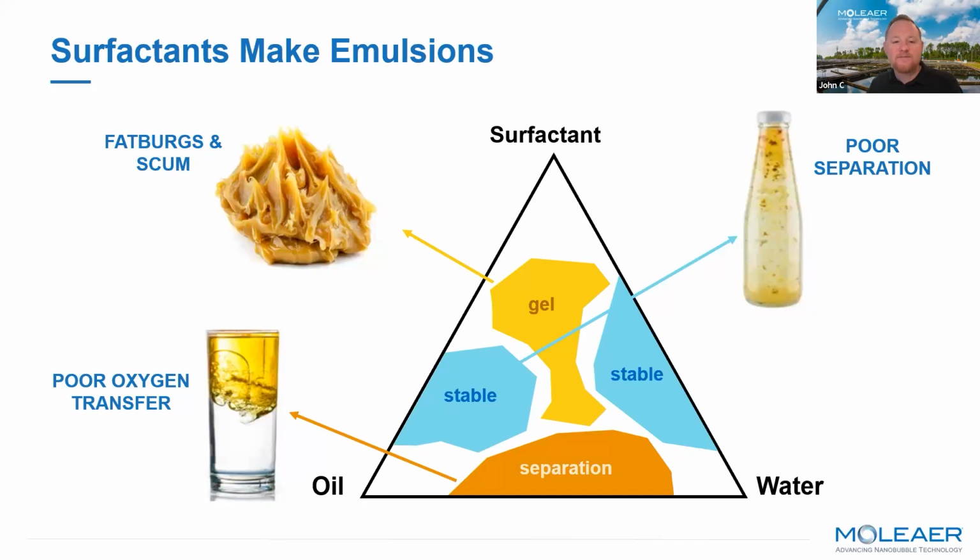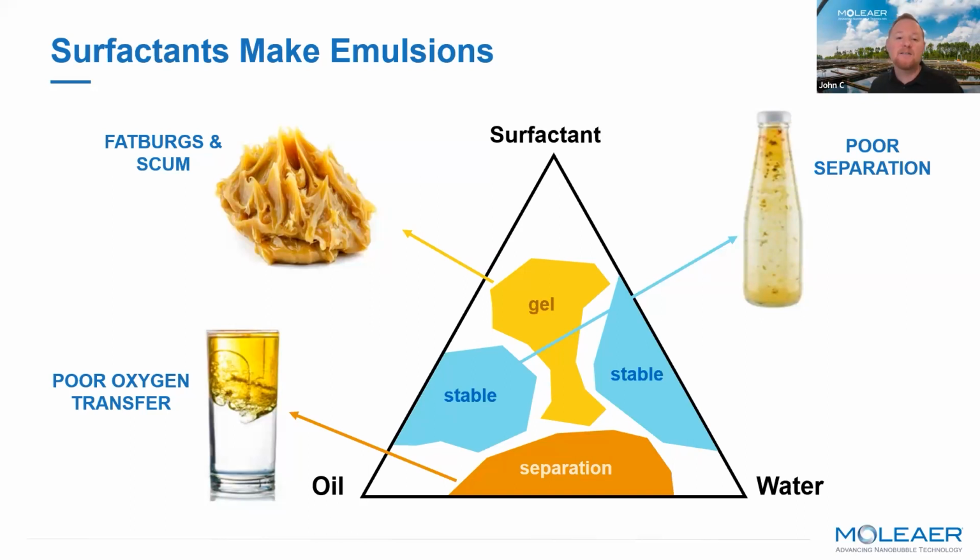So at the bottom left, we can see when we have just oil and water and no surfactant at all, we get great separation between the oil and the water. Unfortunately, if you're a facultative lagoon and you're depending on surface transfer of oxygen, you can see that that oil has a very strong barrier over the top of the water.